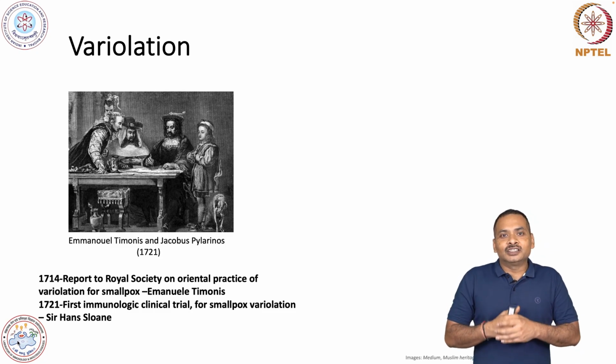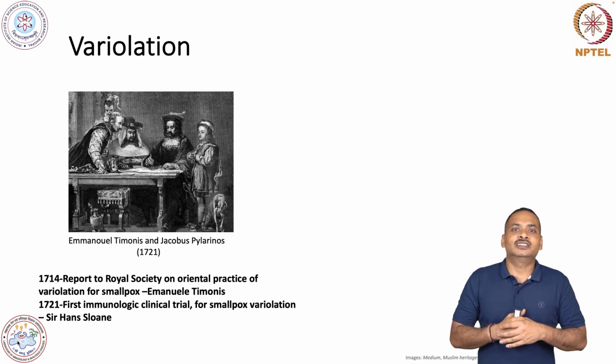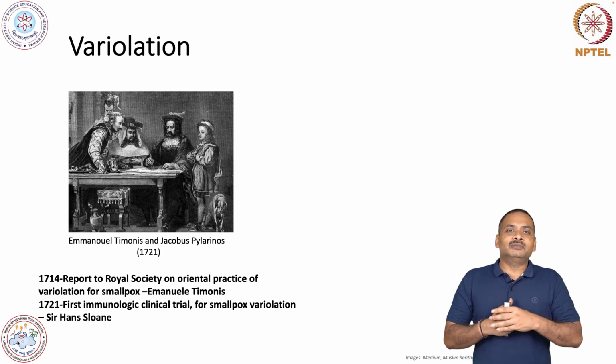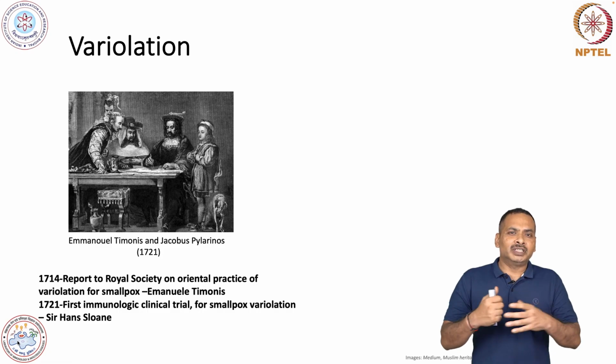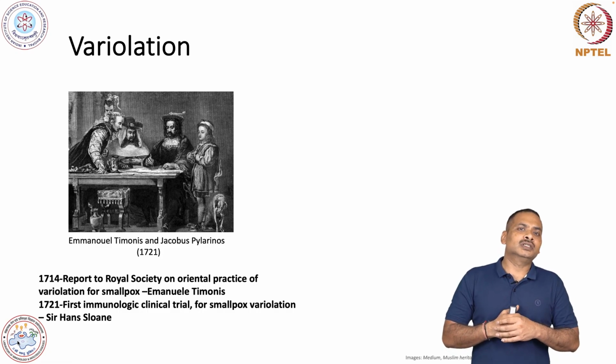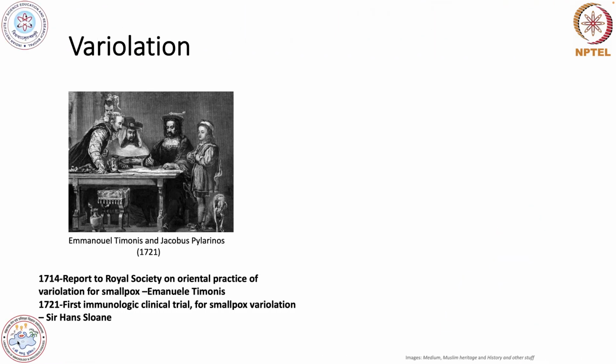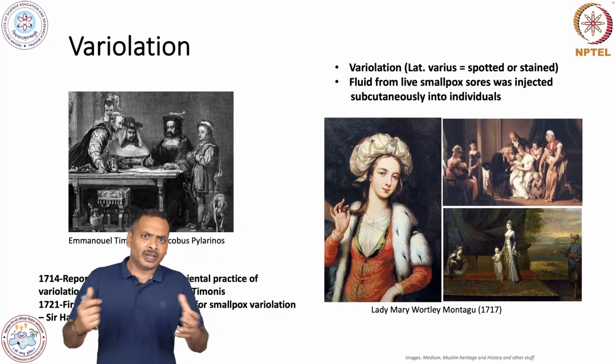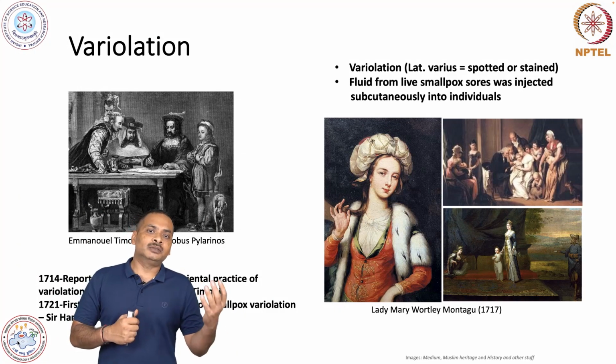There is a little story here I will narrate for you. At that time there were so many deaths. One person, her name is Lady Mary Wortley Montagu, had family members who died of smallpox.